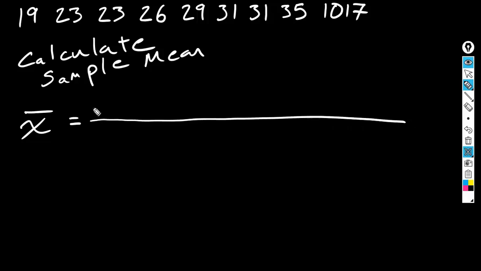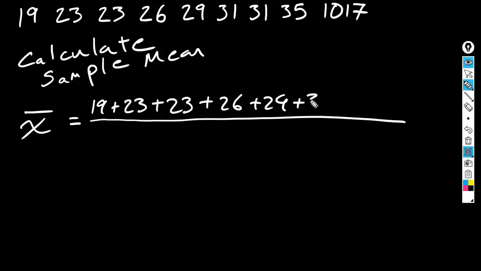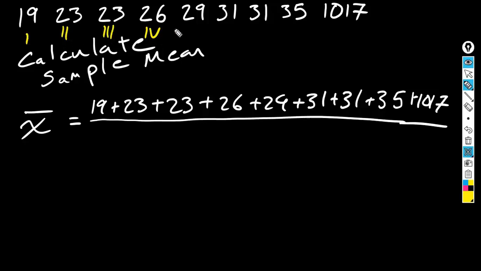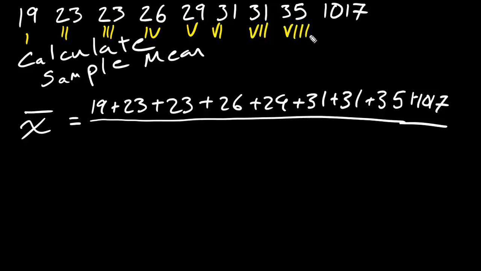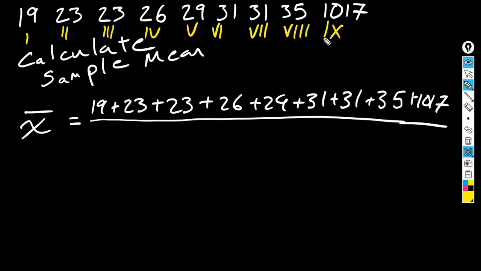We take all of our data and add it all up: 19 plus 23, 23, 26, 29, 31, 31, 35, 10, 17. Then we divide by the total number of observations. We have 1, 2, 3, 4, 5, 6, 7, 8, 9 observations.